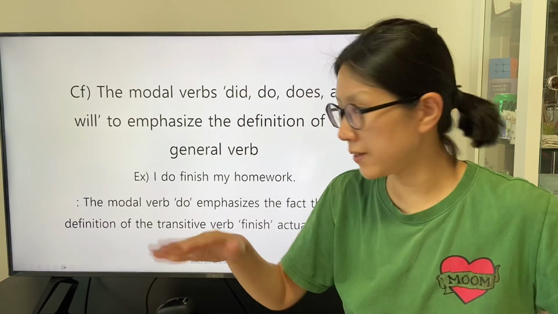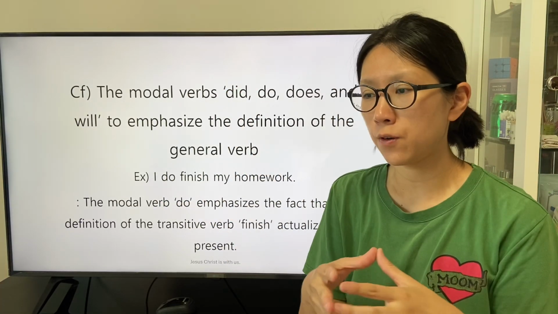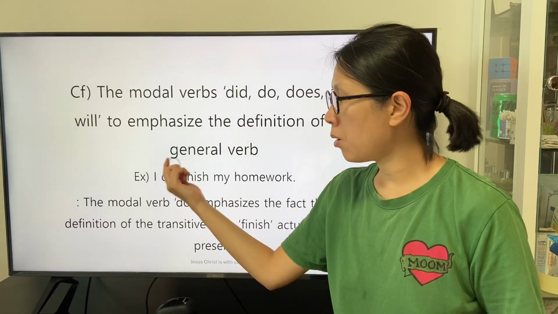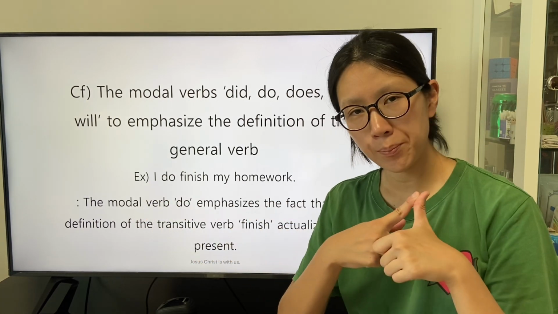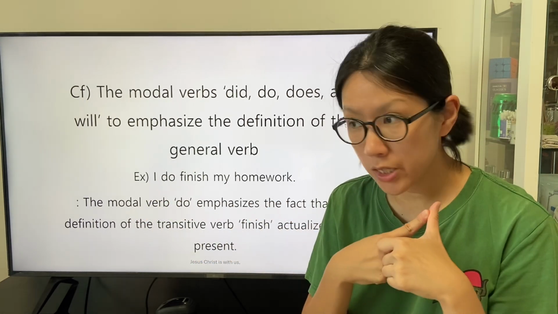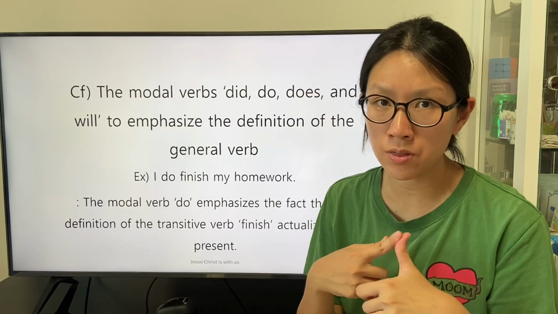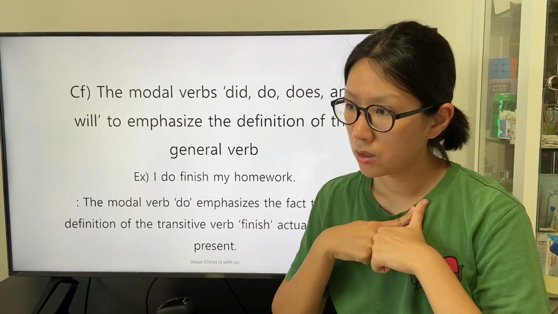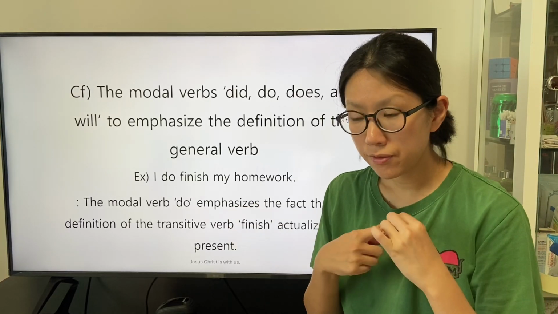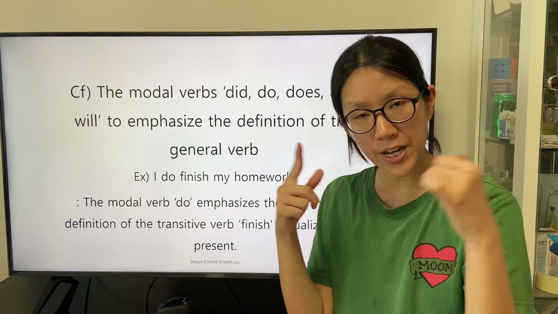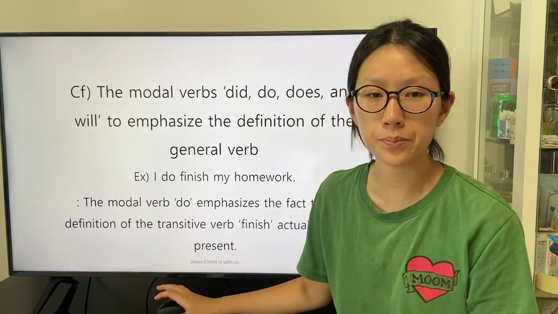From this perspective, we can understand the application of the modal verb do. The modal verb do is applied to describe the speaker as the subject who participates in the conversation with the listeners at the present, from the first classification of the subject.